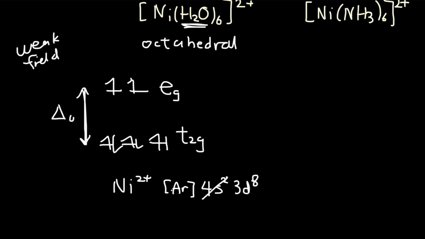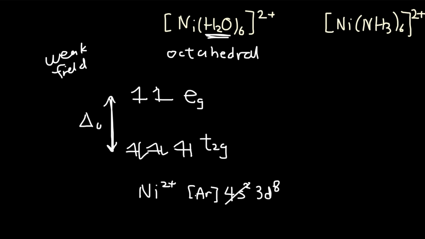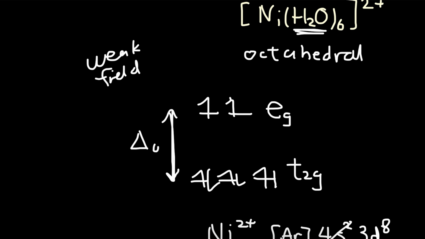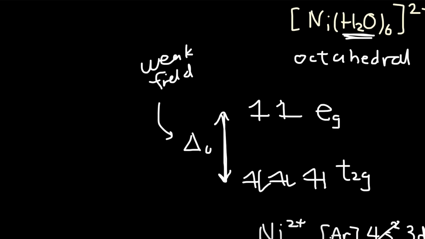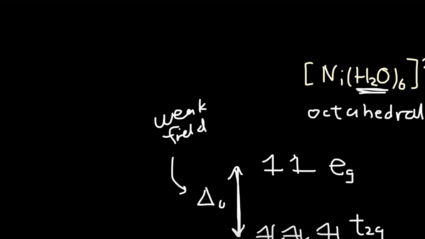And another question that they might ask you is, based on this ligand, what kinds of wavelengths will it absorb? Well, since it is a weak field ligand with a small splitting energy, it will absorb a longer wavelength.